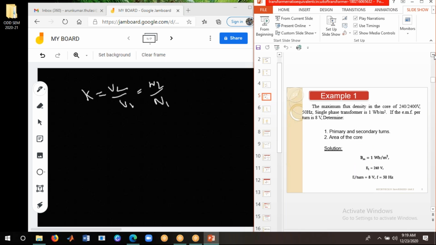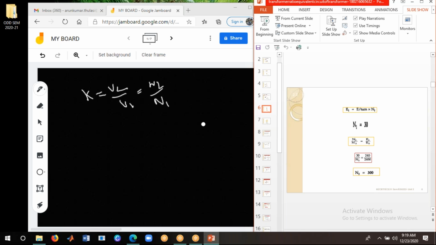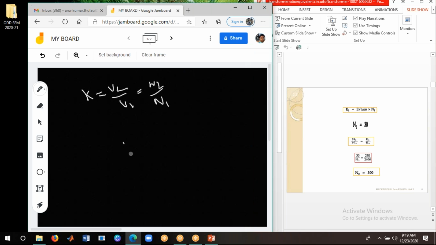How can we write that? So this is the formula we can use. E1 is equal to the EMF per turn into N1, right?